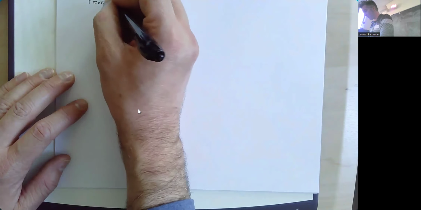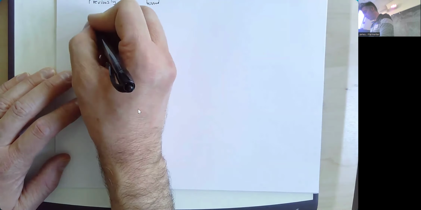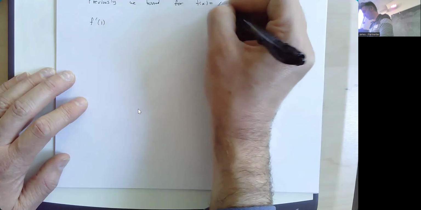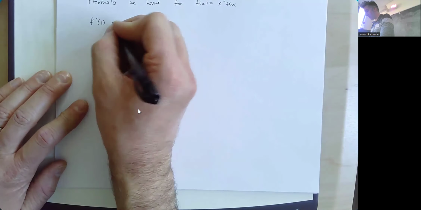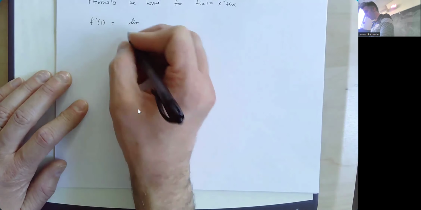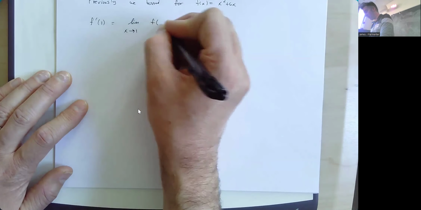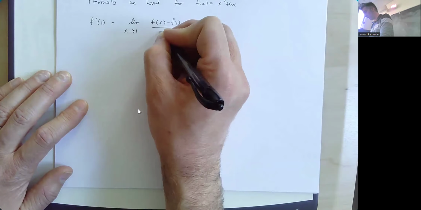So previously, we found the derivative at 1, I should say, for f of x equal to x squared plus 6x. We found f prime of 1 by doing the limit as, I think we did, x approaches 1 of f of x minus f of 1 all over x minus 1.